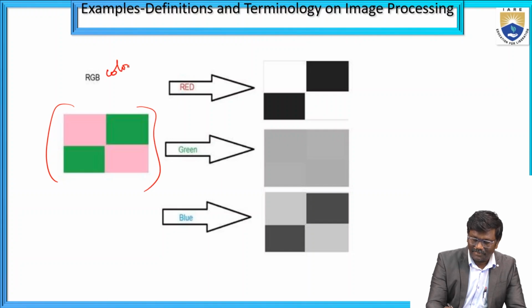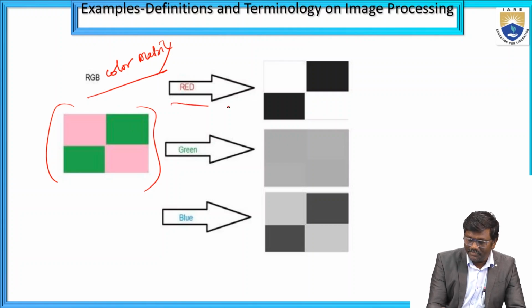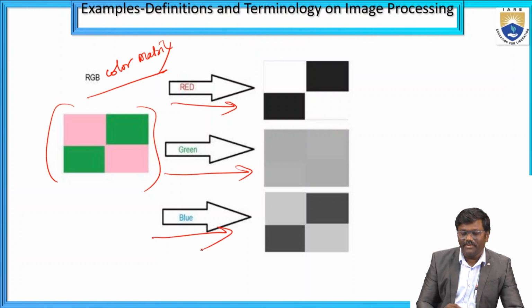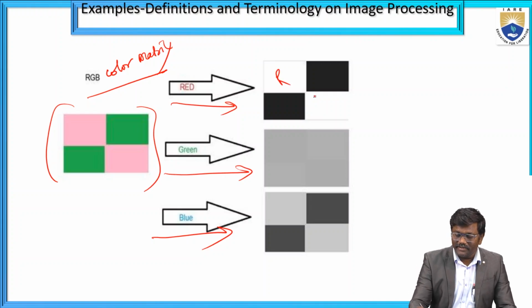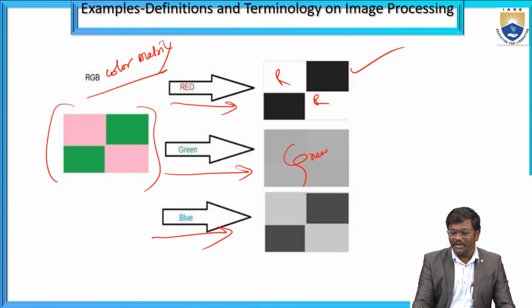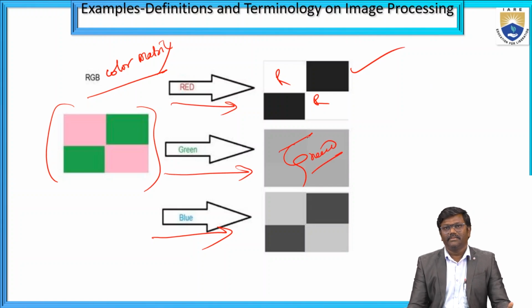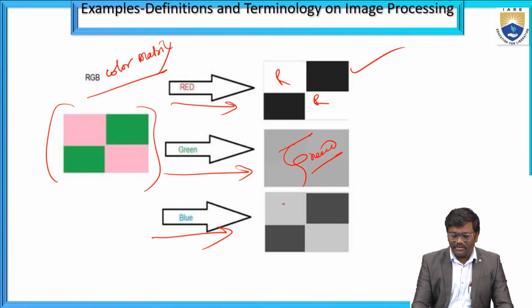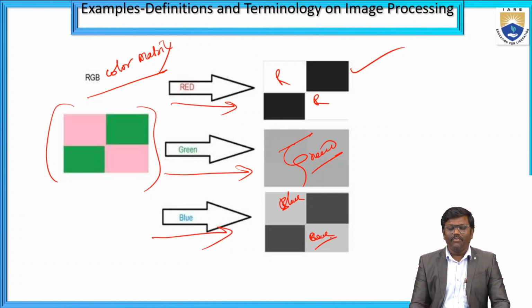This is the color matrix, which contains one red image, another green image, and the blue image. Here only red appears, the remaining will be black. Only green appears in the next, and blue looks like that. So what we want to understand, the basic information, is that such a color matrix is a mixing of three RGB images.